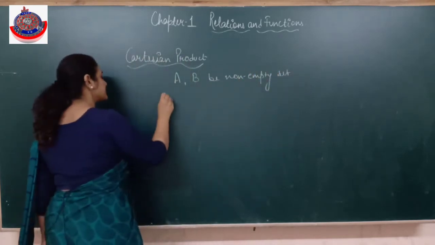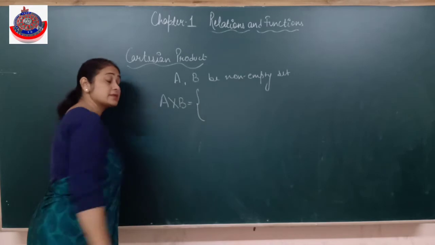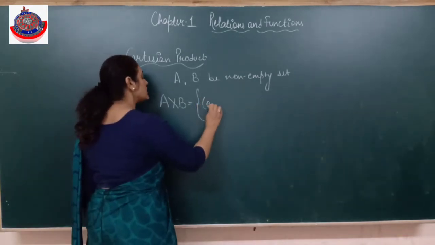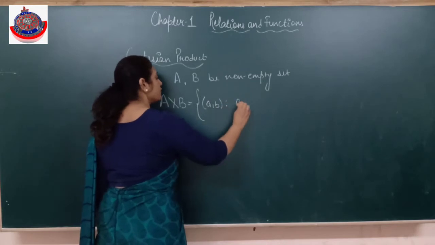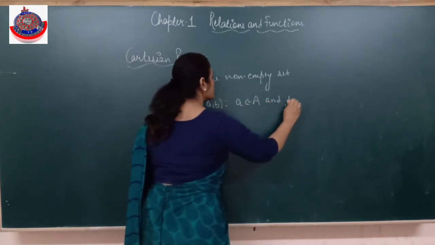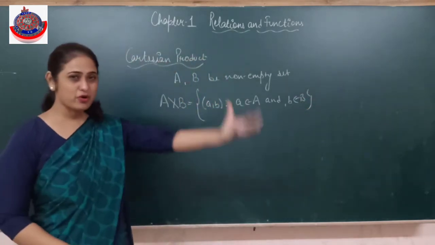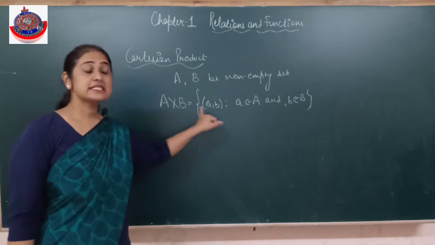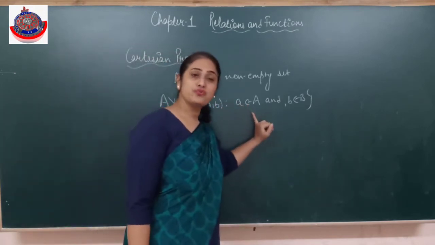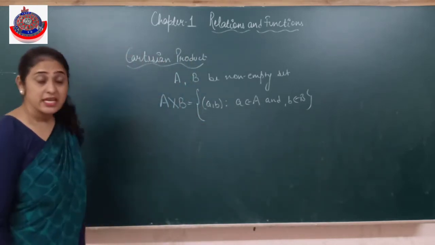Cartesian product is represented by A cross B. Cartesian product means it is a set of all the ordered pairs where the first element belongs to the first set and the second element belongs to the second set. Is it clear?